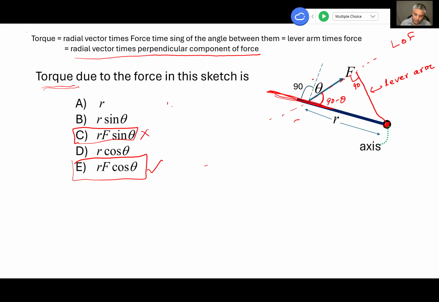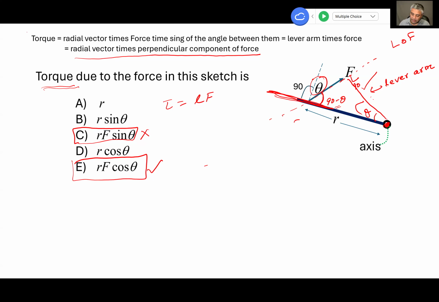So I'm planning to use this formula, lever arm times force. So this is the lever arm, so I need to find that, okay? Now, the given angle is theta. This angle is 90 degrees. This is 90 minus theta, means this must be theta.